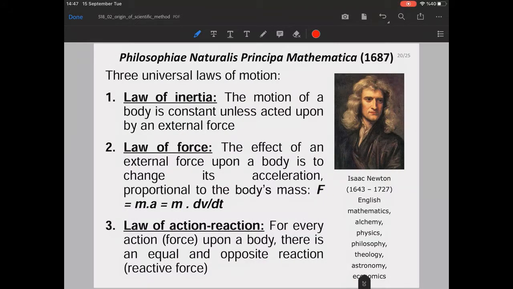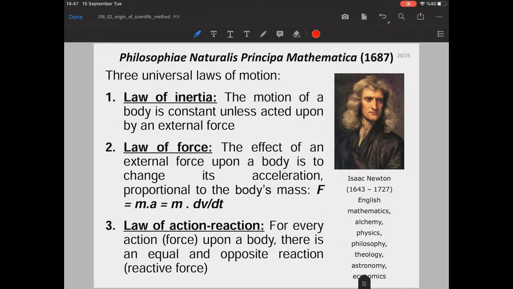Then he published the Philosophiae Naturalis Principia Mathematica in 1687, and he set three universal laws of motion here. Law of inertia, the motion of which we are very familiar with now. We studied these in middle school, I guess. The motion of a body is constant unless acted upon by an external force.